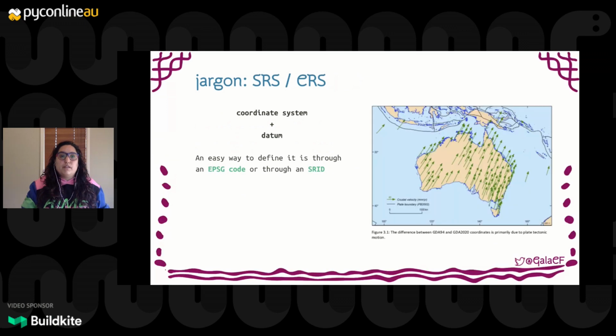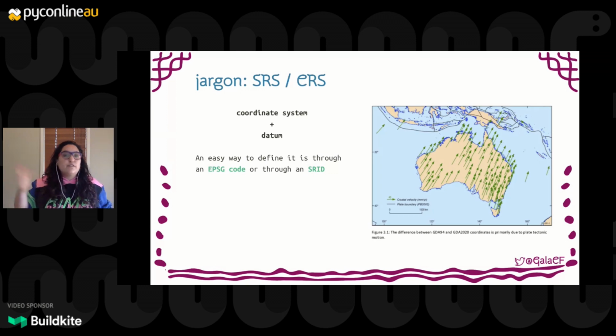So these spatial reference systems or coordinate reference systems, you want to think about, they have two parts. They have a coordinate system, which tells you how a particular coordinate is defined. So think X and Y or a lat long, or maybe it's an angle and a radius. And then you have a datum. And the datum specifies where the center of this coordinate system is, and the scale, and also the orientation.